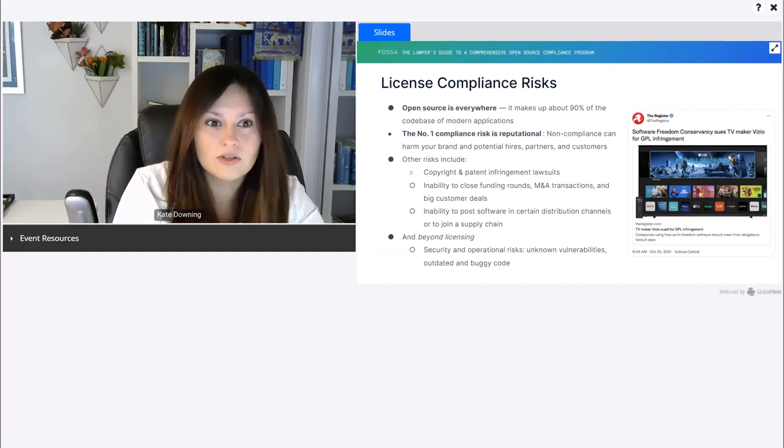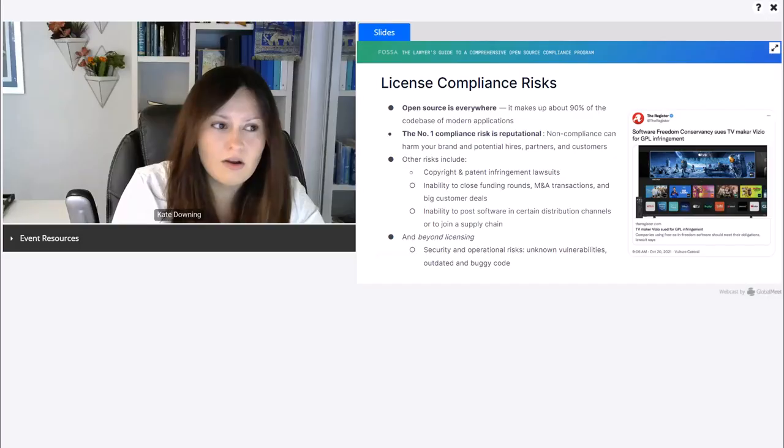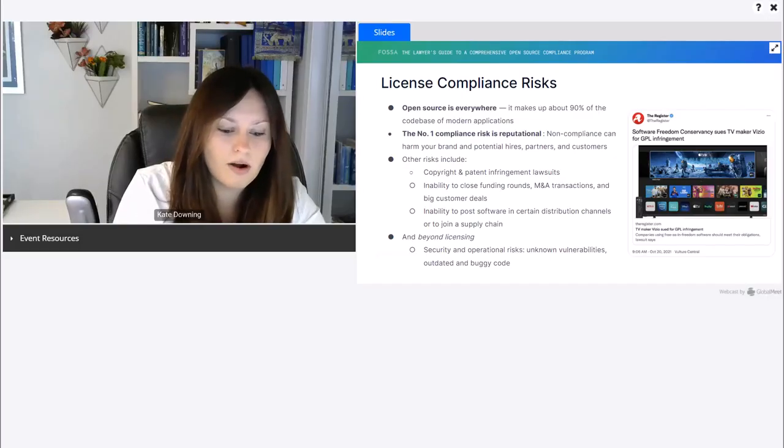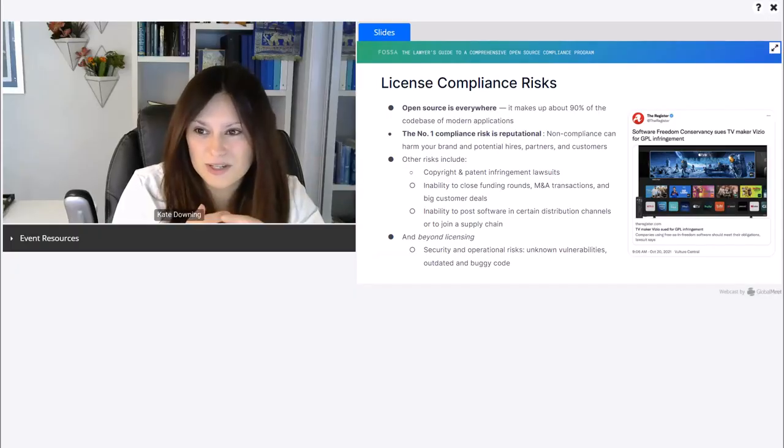Particularly if you allow your software to be resold, you work with resellers, you work with OEMs, or you put your software up on, let's say, various online marketplaces, right? All of those places will want to know about your open source. And so if you want to participate in these sorts of distribution mechanisms, if you want to sell in that particular way, you have to be on top of your open source.